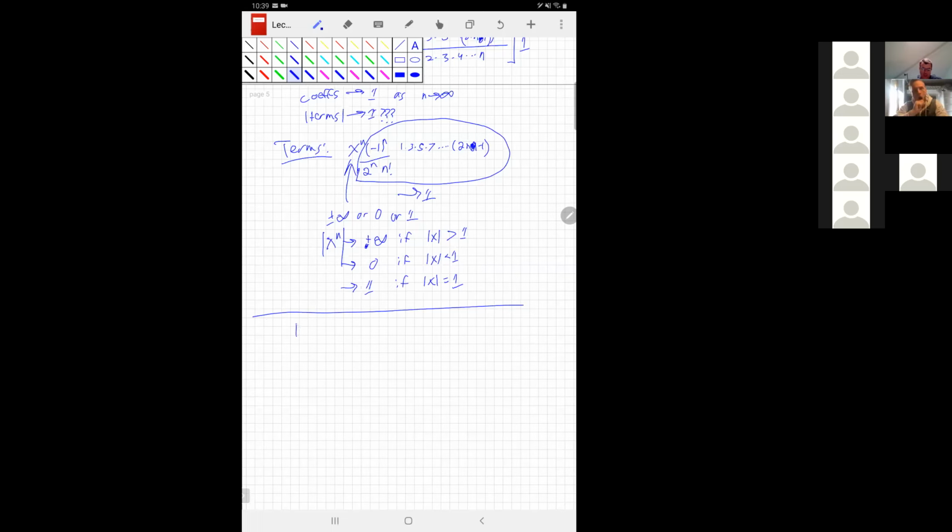So this Taylor series of (1 plus x) to the alpha converges if the absolute value of x is less than 1. Now this is actually incredibly useful.